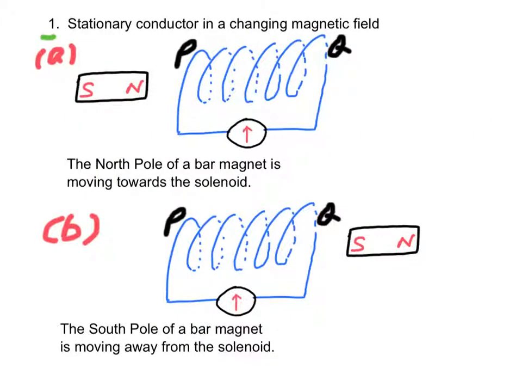Case 1. Consider a stationary conductor in a changing magnetic field. If a bar magnet is pushed towards a solenoid, in this case, the north pole of the bar magnet is moving towards the solenoid. Hence, there will be a change of magnetic field in the solenoid.